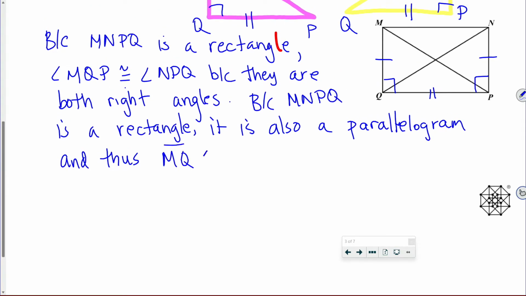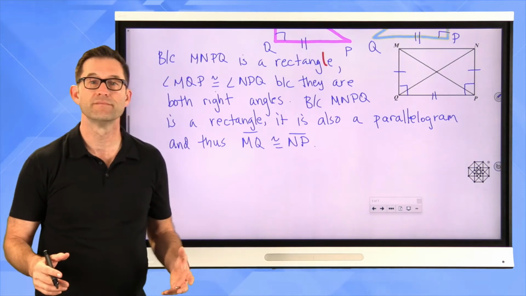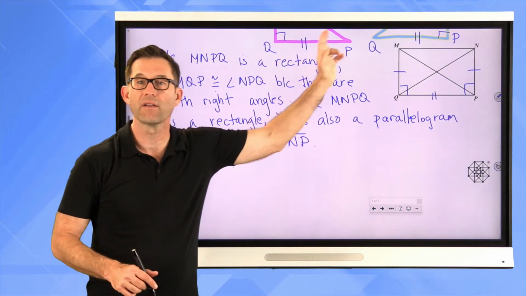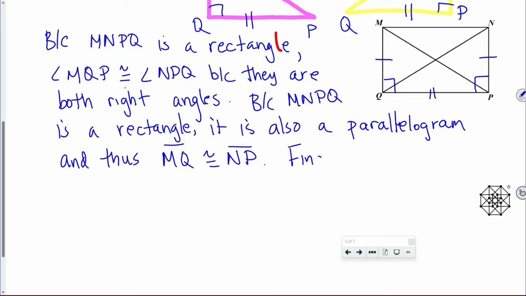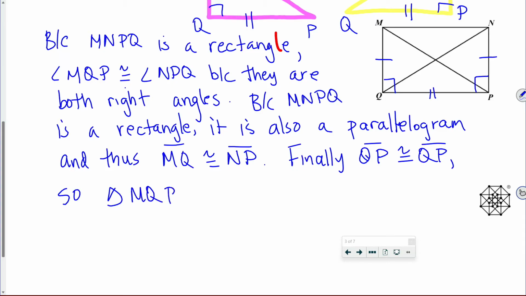MQ is congruent to NP. Opposite sides of a parallelogram are congruent. So right now I've got an angle equal to an angle, a side congruent to a side. Finally, QP is congruent to itself. So triangle MQP is congruent to triangle NPQ by side angle side.